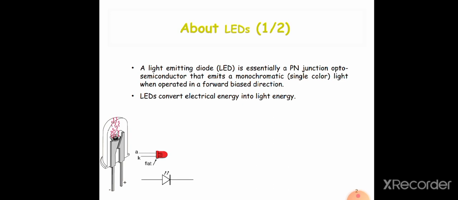After recombination of holes and electrons from the P and N type semiconductor, there is a possibility of current flow, and then the diode will conduct and produce a large amount of current. So all of you know the working and construction of the PN junction diode.